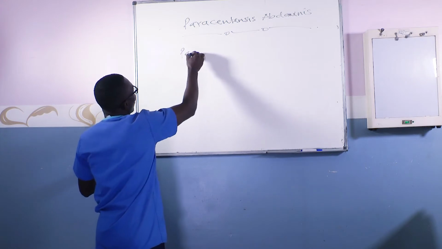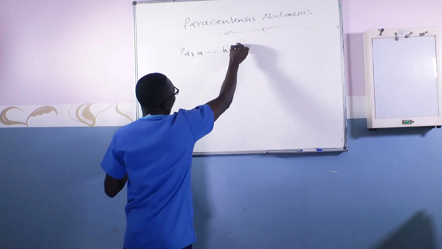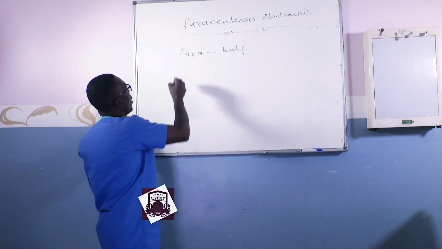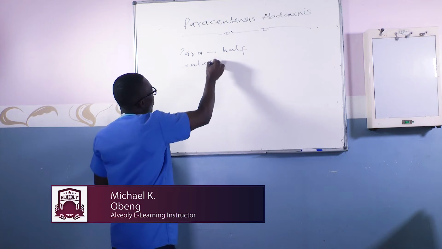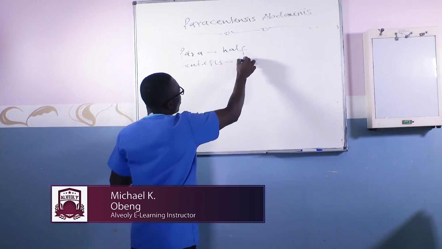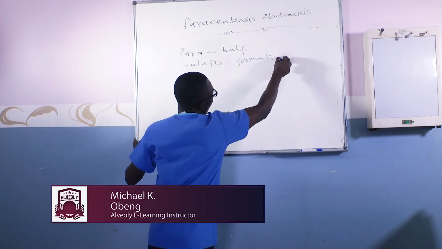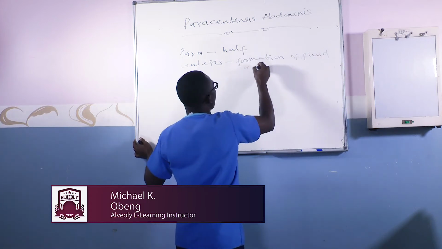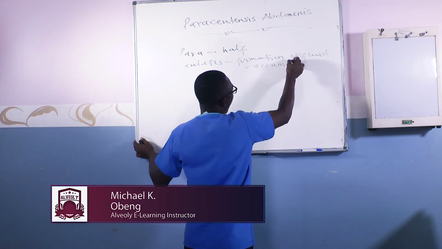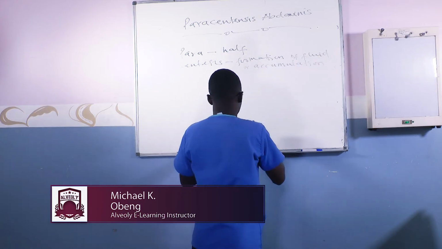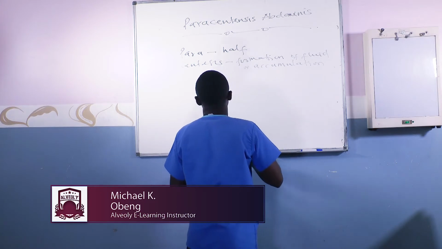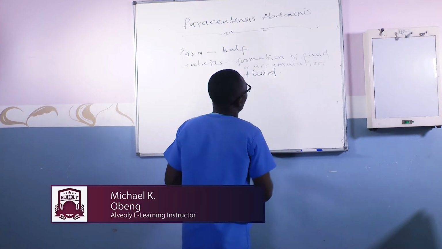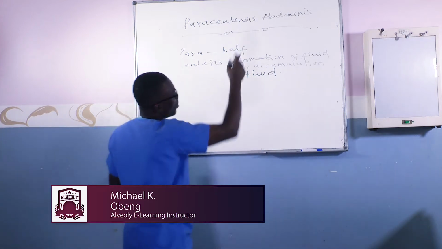So the word para means half or just a small portion. The word centesis means formation of fluid or accumulation of fluid. Then abdominis means what?